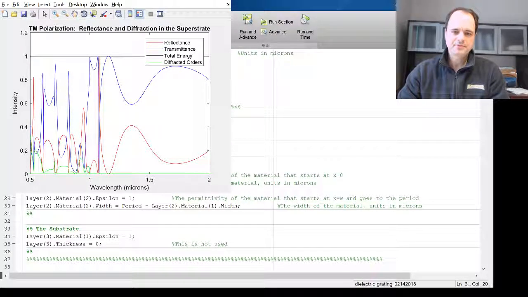So we plot out the reflectance, the reflectance in red, the transmittance in blue, and then we will get the diffracted orders. You will see it's 0, 0, 0 at a high wavelength, but as soon as that wavelength reaches the effective period of the structure, capital lambda, you'll see it go from being 0 on the high wavelength side to non-zero.